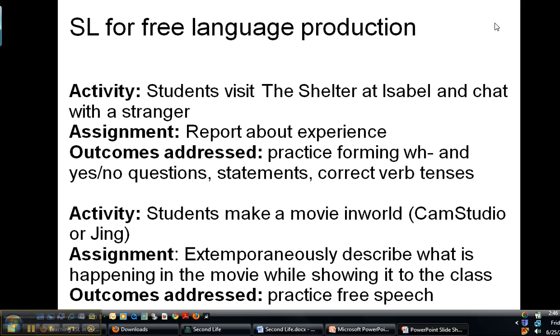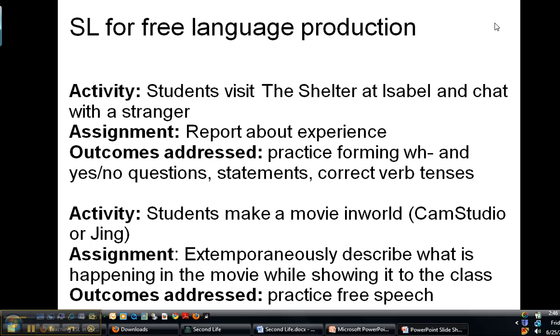Another, more free activity that I've had students do is just to use Cam Studio to make a 2-minute movie in world, or even 1 minute. They do anything and then show it to the class, and extemporaneously, or they could prepare to describe what's happening in the movie while they're showing it.